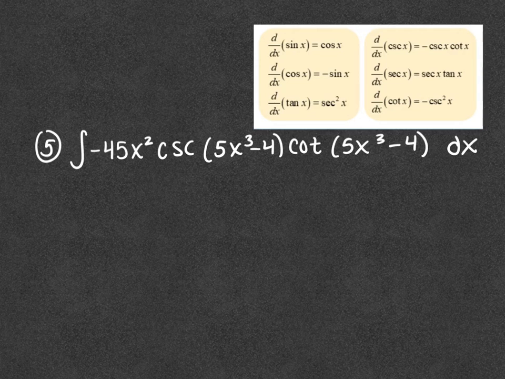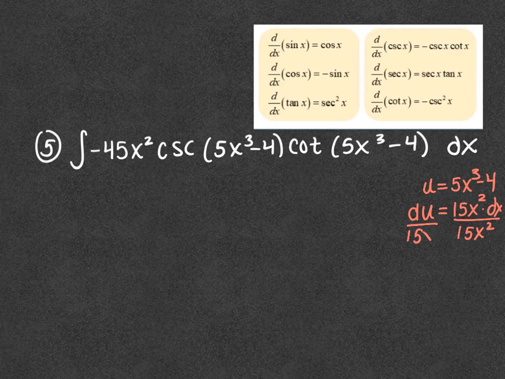So we're going to let u equal what's inside the parentheses. So u is 5x to the third minus 4. du is my derivative, 15x squared dx, and divide by 15x squared. So dx is du over 15x squared.